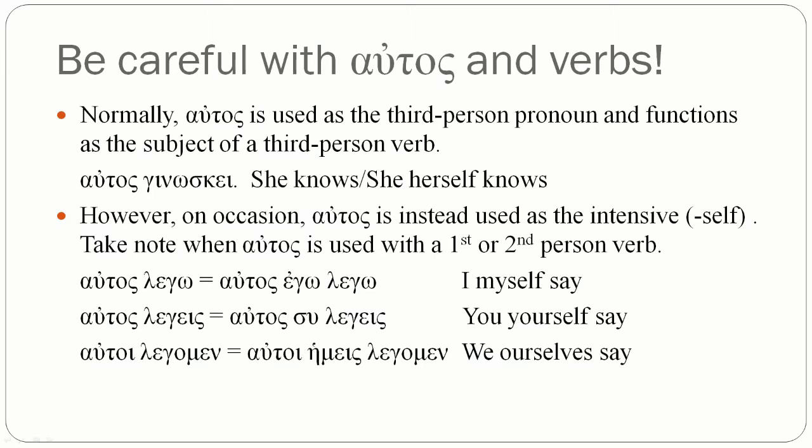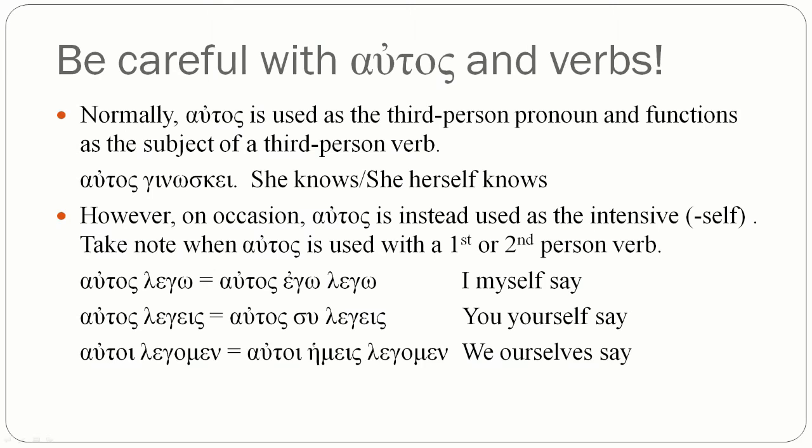Why doesn't it match up third person to first person? In this case, it is simply intensifying that first person. So autos lego is the same thing as autos ego lego, which means I myself say.